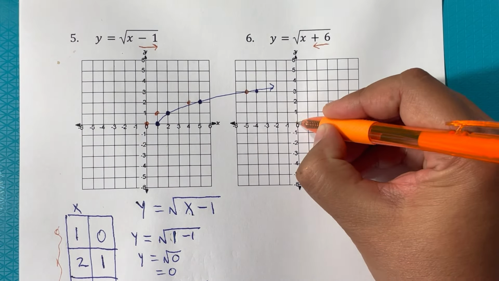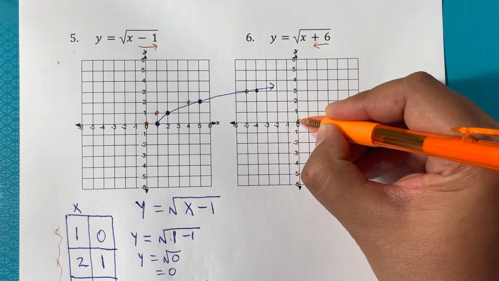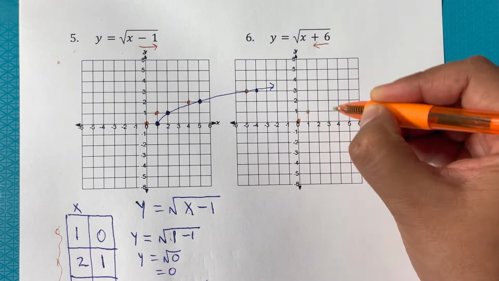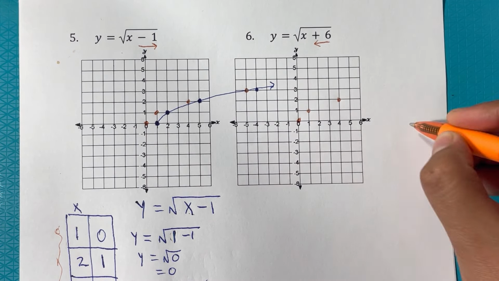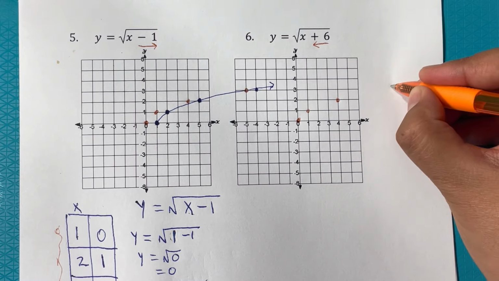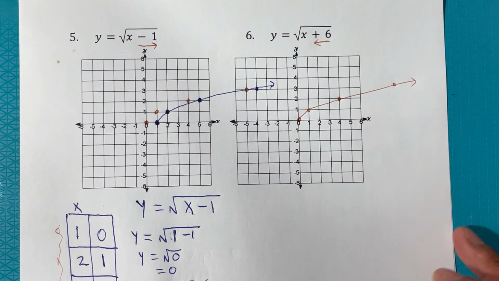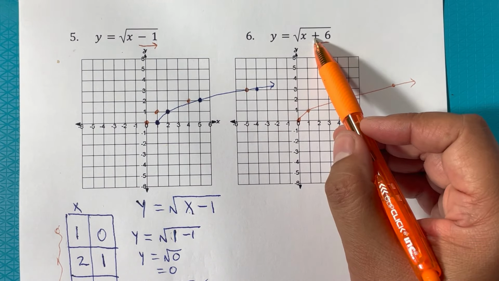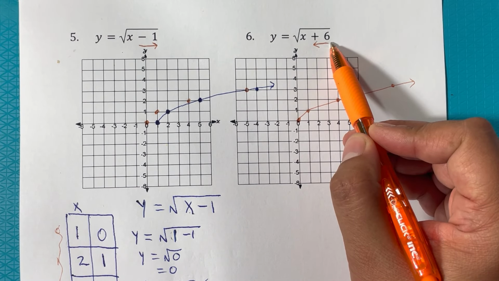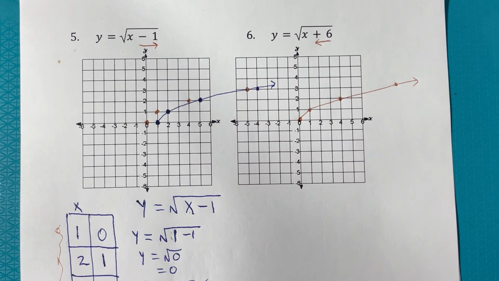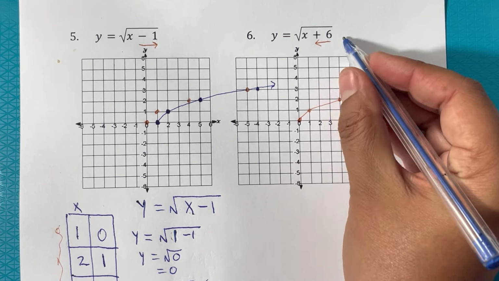So let's do this one first, the mother graph. The mother graph is at 0, 0, 1, 1, 4, 2, and 9, 3. That's my mother graph. That means that if you're adding 6 inside, each point will go 6 spaces to the left.